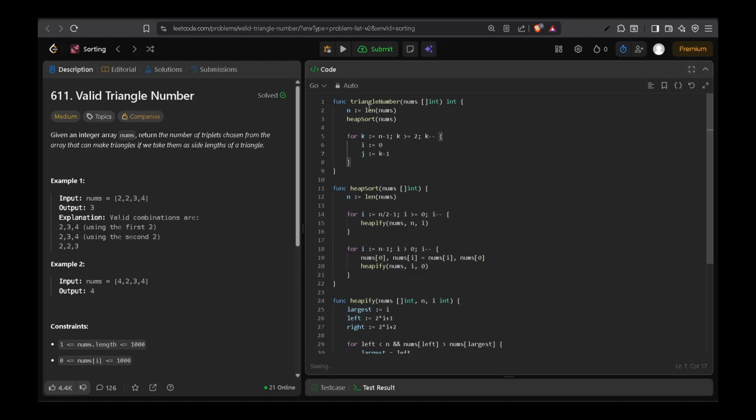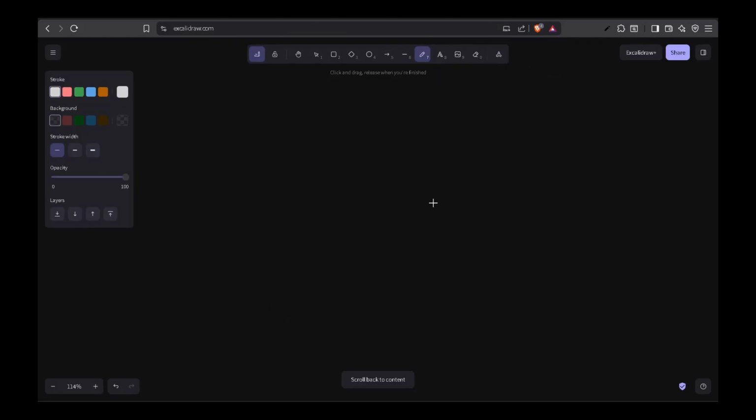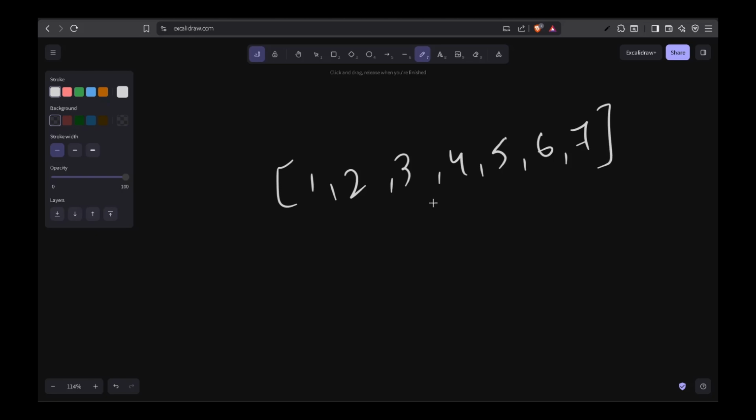So what this means, let's see that. Let's take an array of numbers, say 1, 2, 3, 4, 5, 6 and 7, right? The indexes of these would be 0, 1, 2, 3, 4, 5 and 6, right?